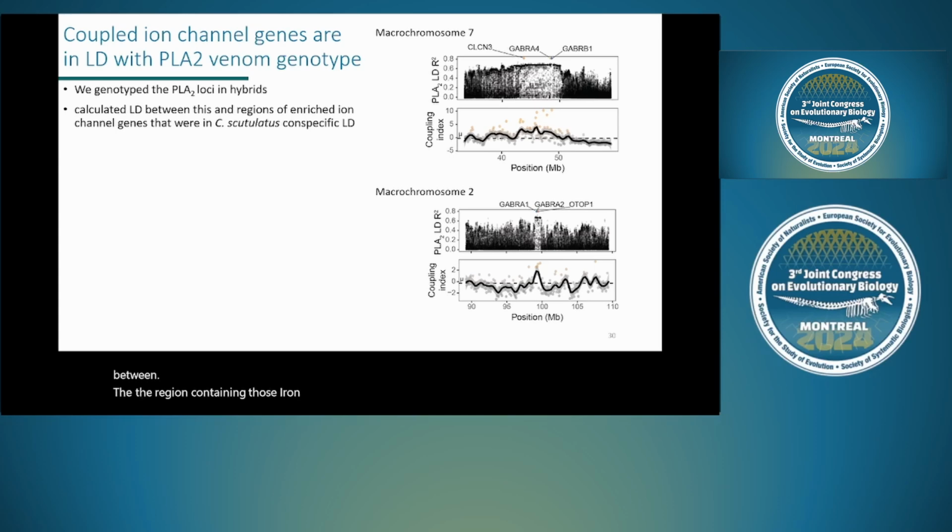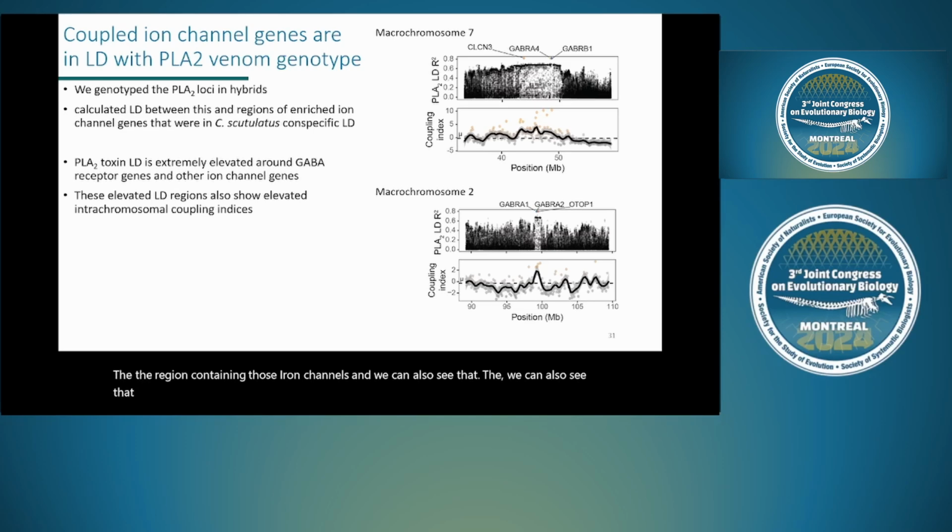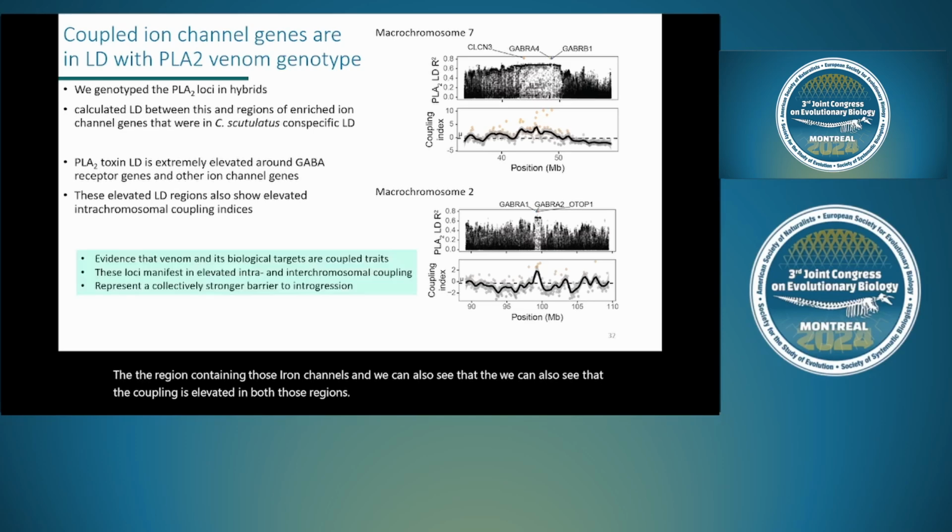And we can also see that the coupling is elevated in both those regions. So all of this shows some evidence that venom and its biological targets are coupled traits, and that these loci manifest elevated intra- and interchromosomal coupling, and that they collectively represent a stronger barrier to introgression.